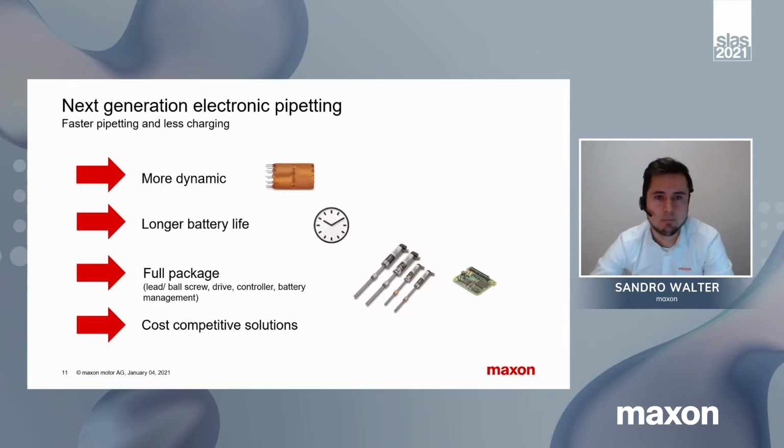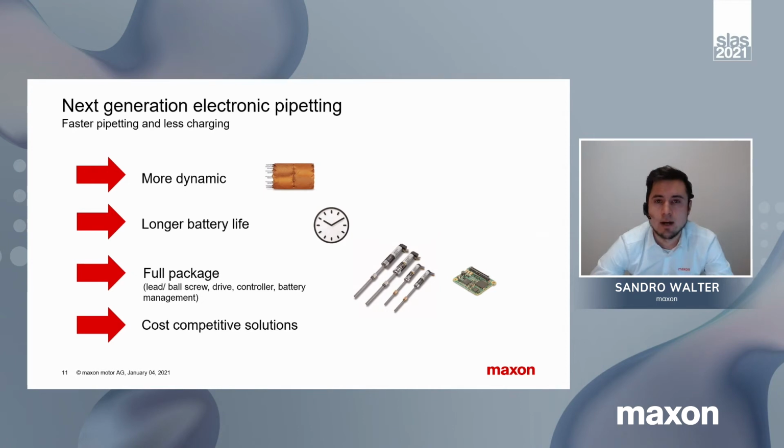So next example, pipetting. Pipetting, especially electronic pipetting, is considered to often use stepper motors. However, the use of ironless EC or DC motors would make pipetting more dynamic and faster compared to stepper motors. In addition to that, due to the increased efficiency of ironless motors, it would draw less current so that the battery can supply the motor for longer and has to be charged less.